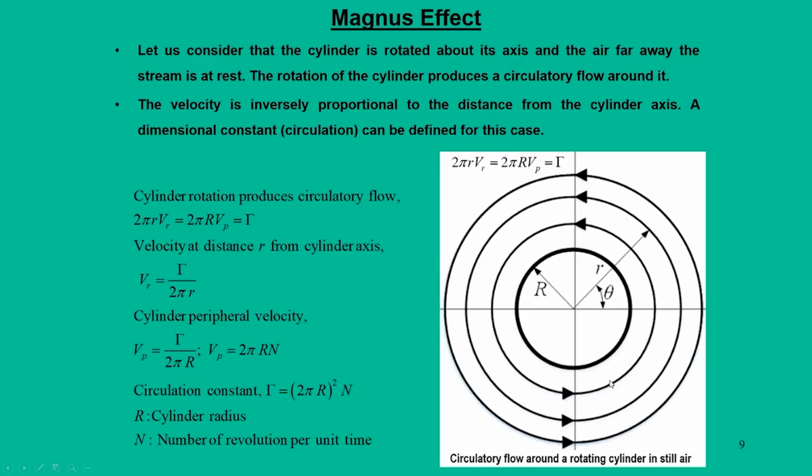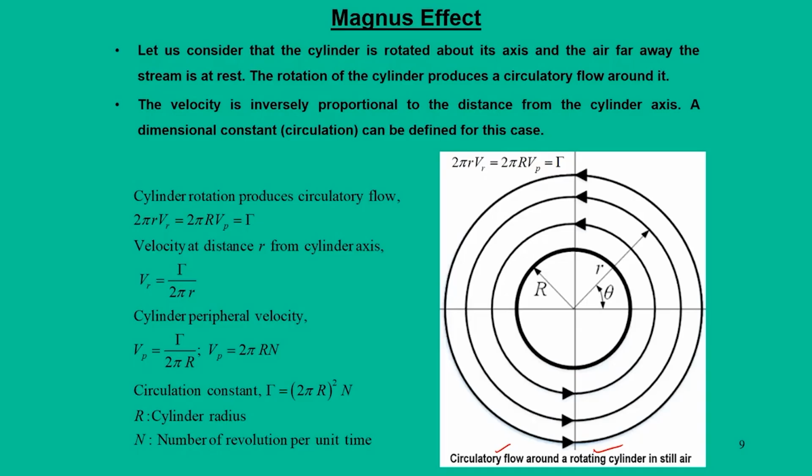So the effect is that you are inducing a circulatory flow around the rotating cylinder. Through these rotations, the air also feels the effect of some circulating action. Of course, the effect is more predominant in the vicinity of the cylinder, but far away from the cylinder we still have free stream velocity V infinity and pressure P infinity, and far away on this side also the free stream pressure and velocity remain the same.